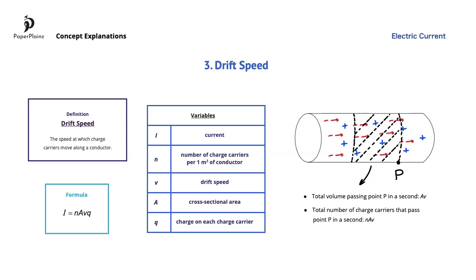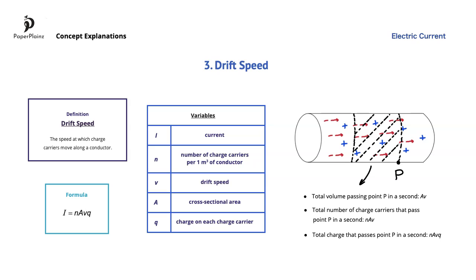Finally, since the charge on each charge carrier is Q, the total charge that passes point P in a second is n times A times v times Q. As we have seen earlier, total charge that passes a point in a second is the current, which gives us the formula I is equal to n times A times v times Q. We simply have to rearrange this formula if we want to find the drift speed.